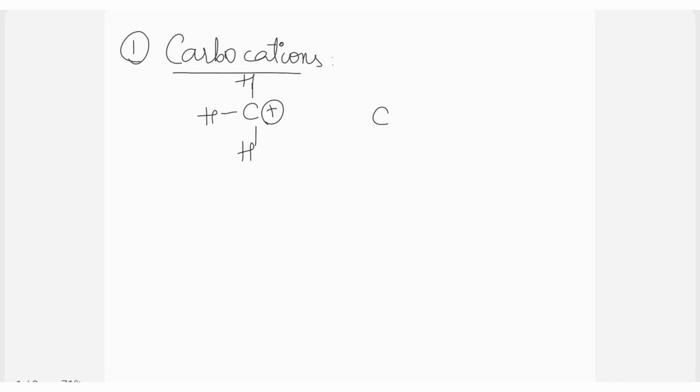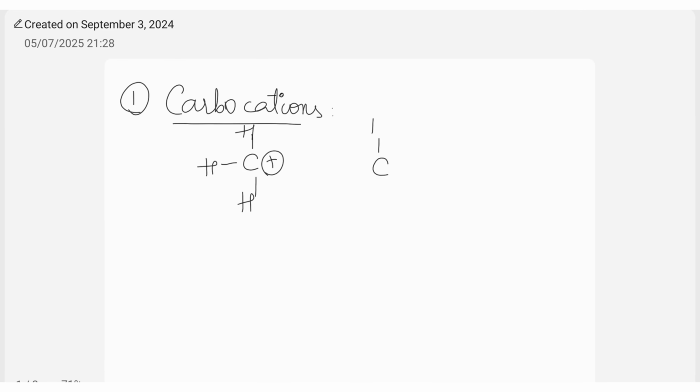If around the carbon there are 3 R groups, then its arrangement is going to be somewhat this way. So carbon with 3 R groups and positive charge is said to be a carbocation. This is the most common intermediate that we see in many of the reactions.